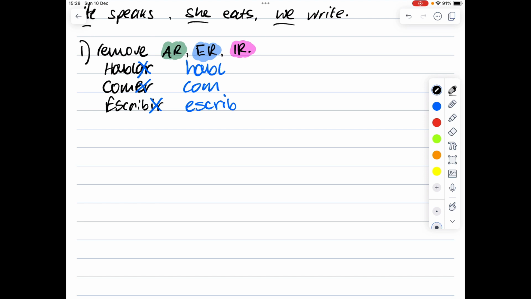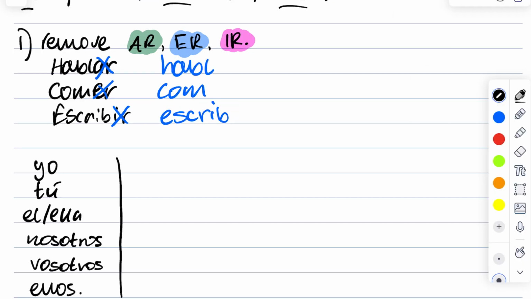So when we draw up our table, there are a few different people who could be doing the action. So, yo, tú, él, ella, nosotros, vosotros, and ellos. So the yo, it means like me or I. Tú is obviously you.